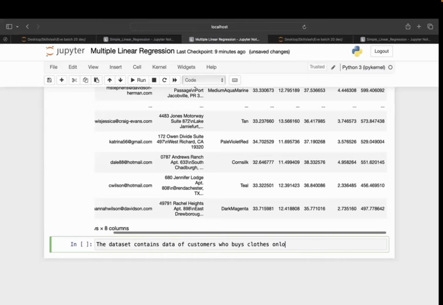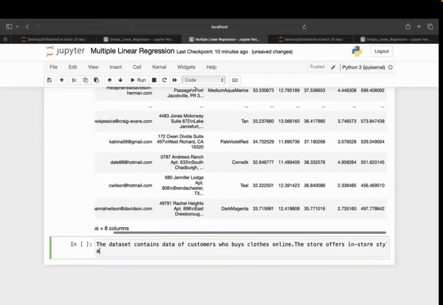Okay, now you can see it is directly telling me that it is containing the data of customers who usually buy clothes online. Okay. Now, the store offers in-store style and clothing advice sessions.